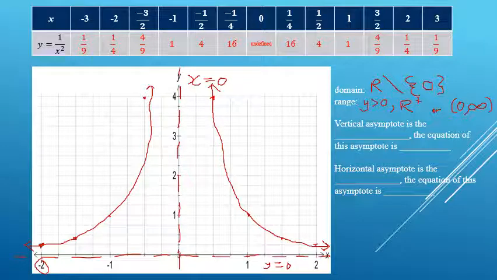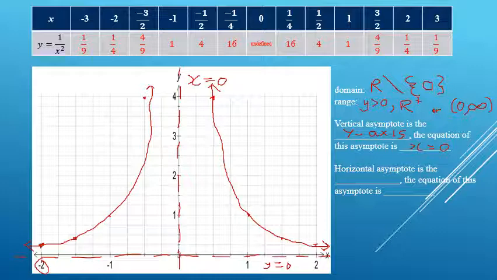Okay, so we've got little things to fill in here. So here the vertical asymptote is the y-axis, and the equation of the asymptote is x equals 0. Remembering that all vertical lines have the equation x equals a number.